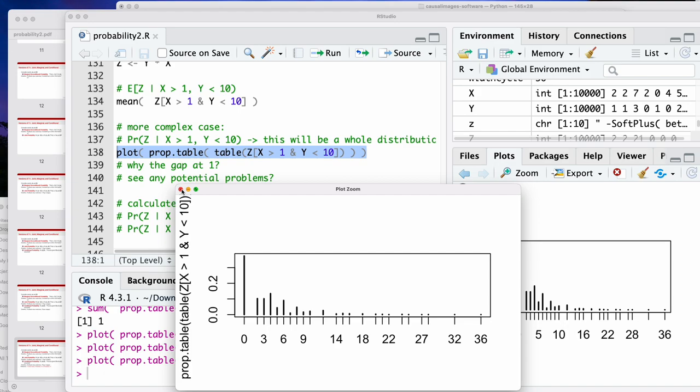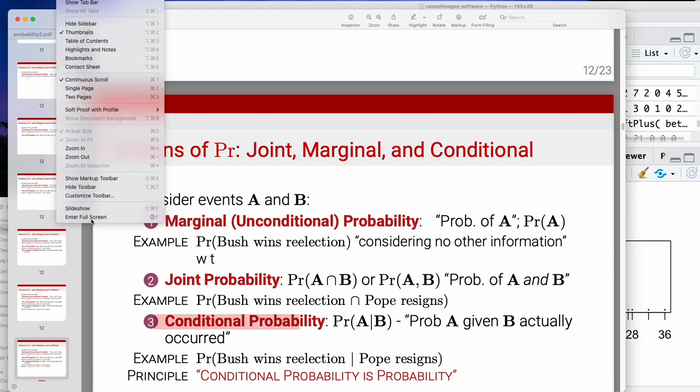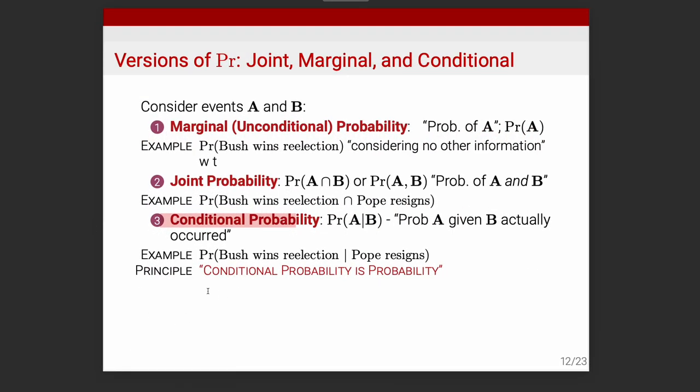It's a distribution just like any other, but it's defined over this set of conditions, if you will. So this is giving you a sense that conditional probability is still probability. It's nothing more fancy than that. Conditional probability is still probability, and that's just one clarification there.